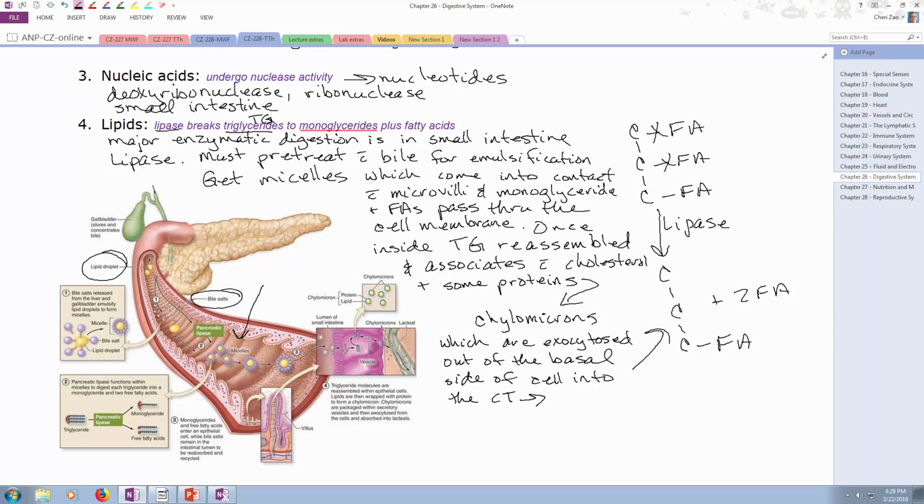The reason they do exocytosis is that even though they are chylomicrons, and micron sounds really small, right, they are still too big to enter our blood capillaries. So we have another vessel that will allow big things in. Do you guys remember the other vessel that's going to allow big things in? Lymphatic capillaries, which we now call lacteals.